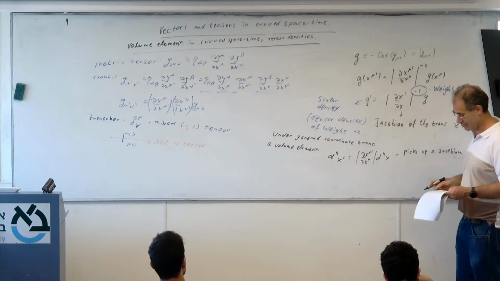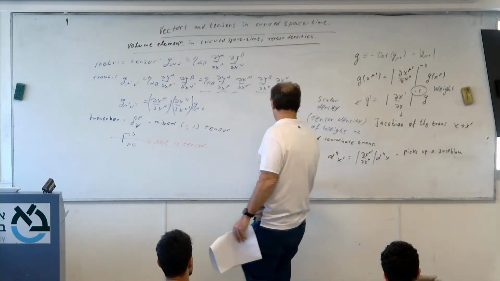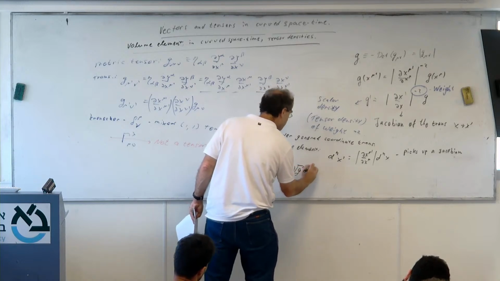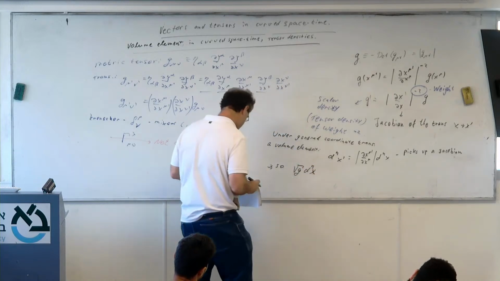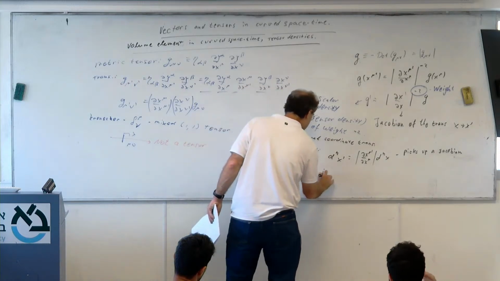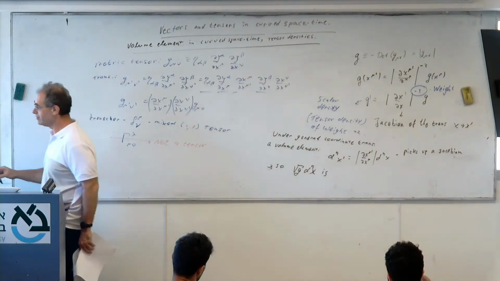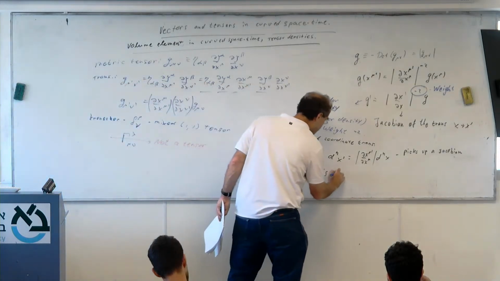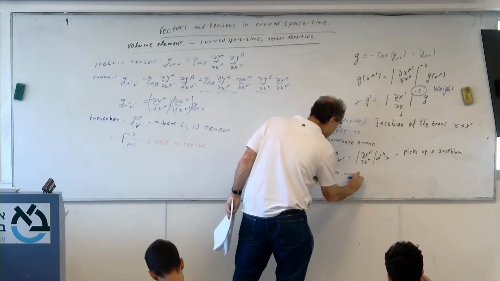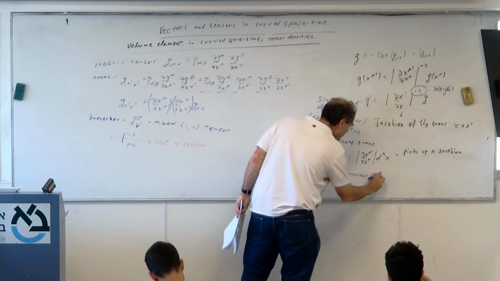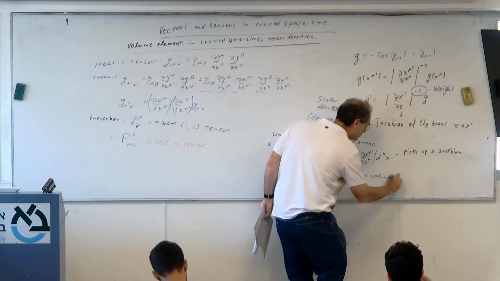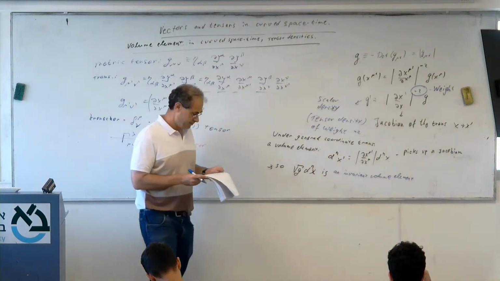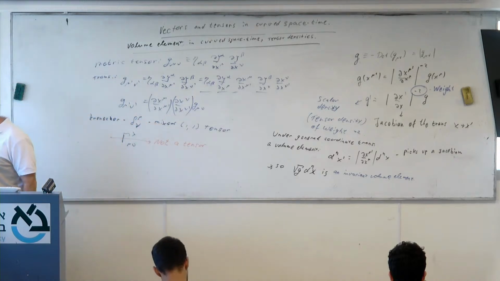So the square root of G times d^n x is an invariant volume element. I tell you that you know that.